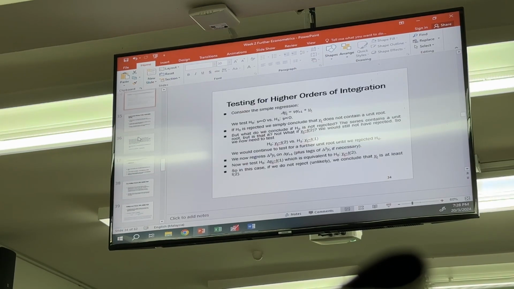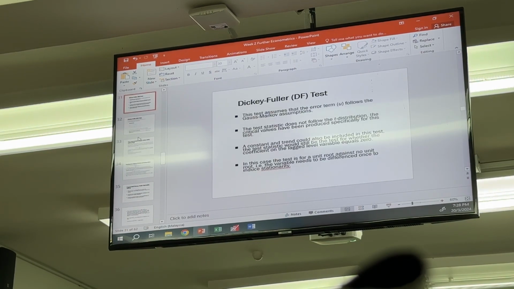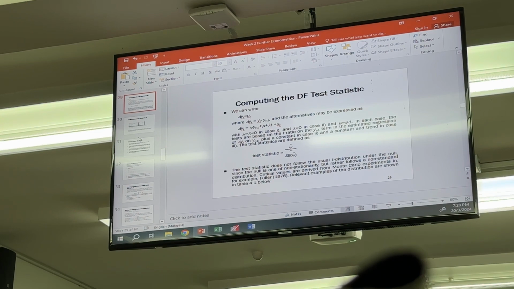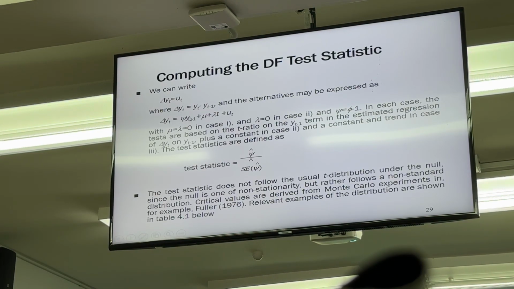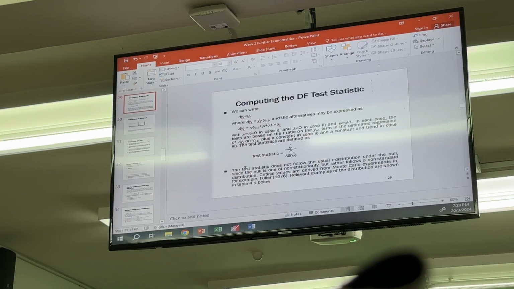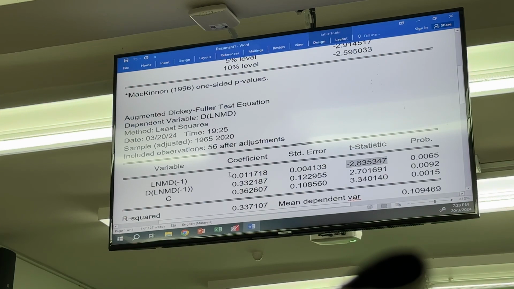Go back to the ADF just now, somewhere around here. Same test statistic: the coefficient of y(t minus 1) over the standard error of this coefficient. You use this coefficient, divide by its standard error, and you get the test statistic.